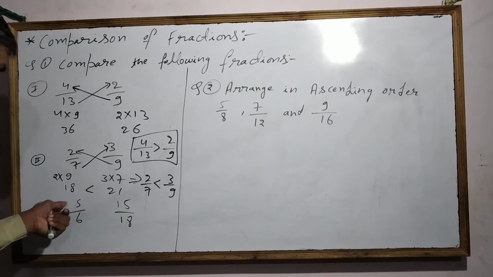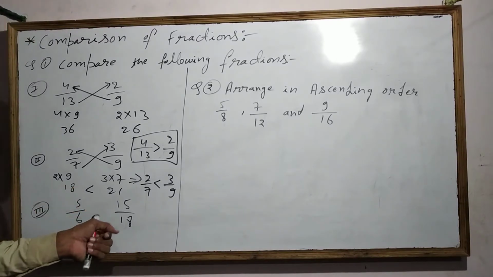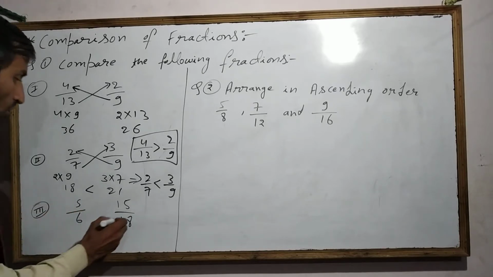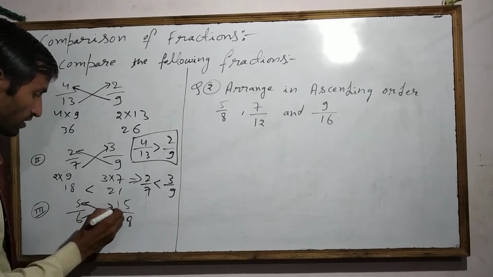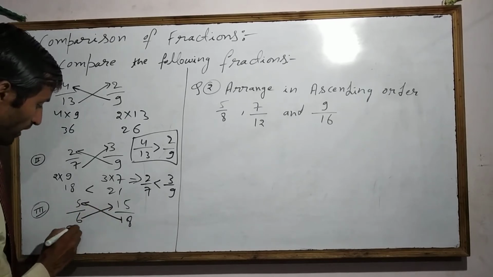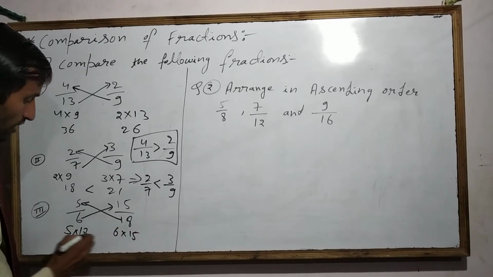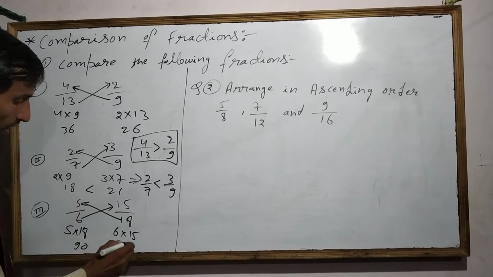After that, the third part is 5 upon 6 and 15 upon 18. We have to compare these. For that again cross multiply this side and this side. So 5 into 18 is 90 and 6 into 15 is 90. Both are equal.